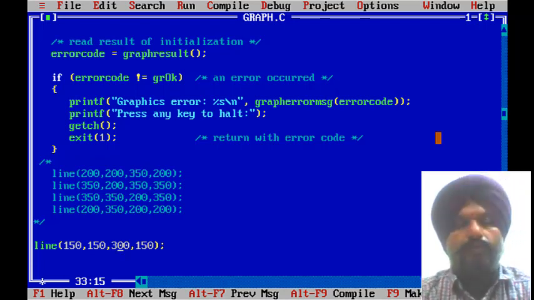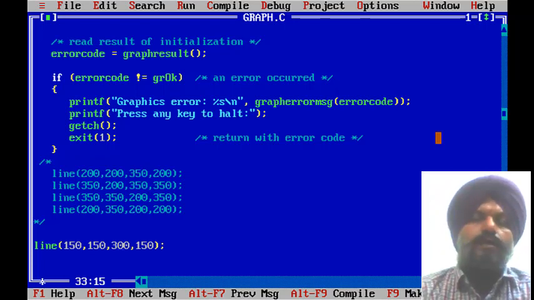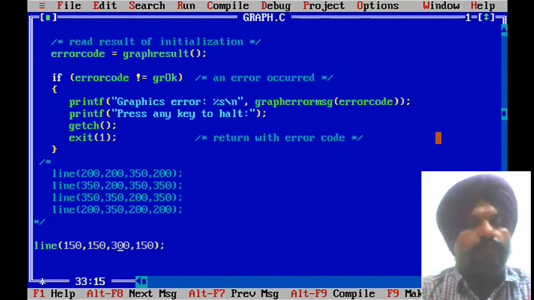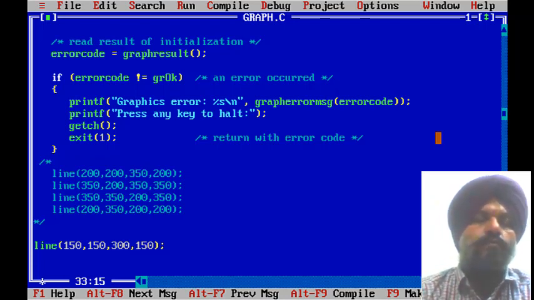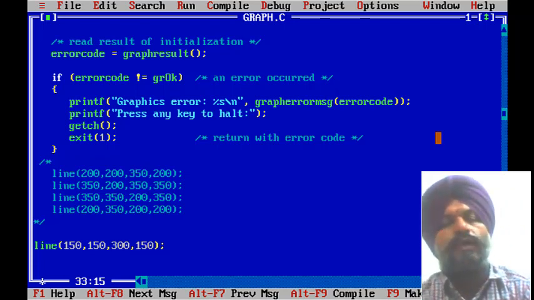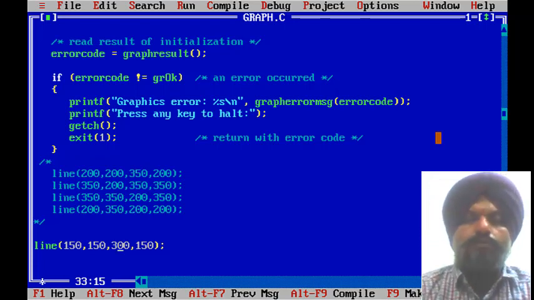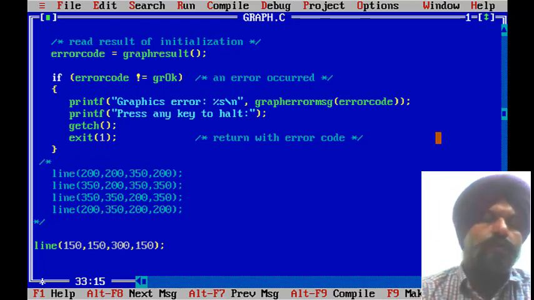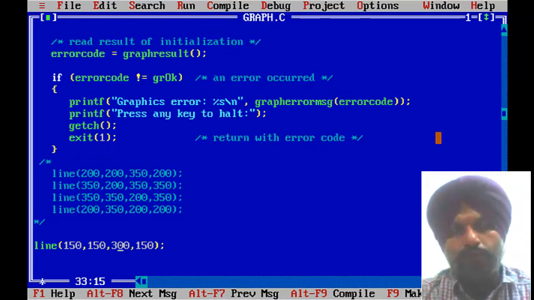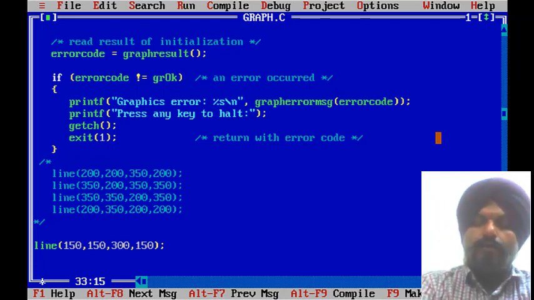Now the second point: what about the y-axis? If we have to draw the line, we have to decrease the y-axis, because in the previous lecture we discussed that the origin of the screen starts from the top left. So we are going toward the origin, so we have to decrease the value of the y-axis as well.